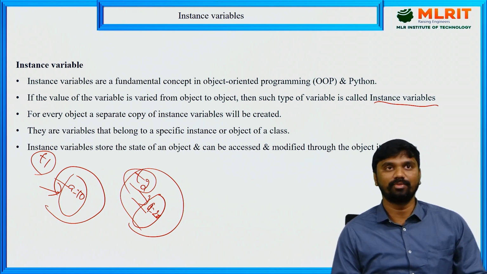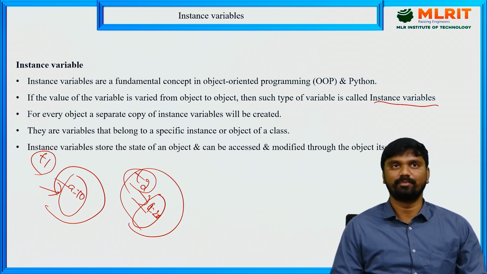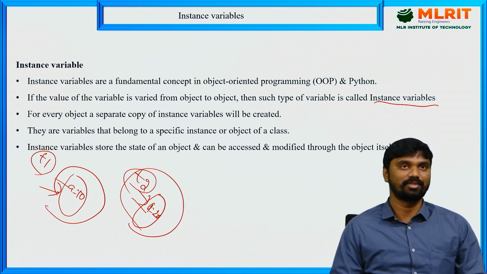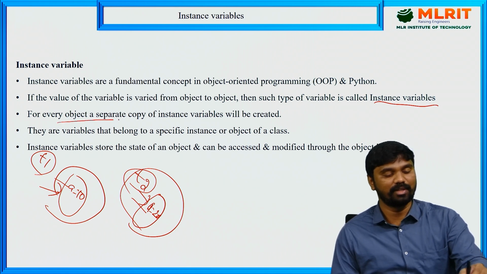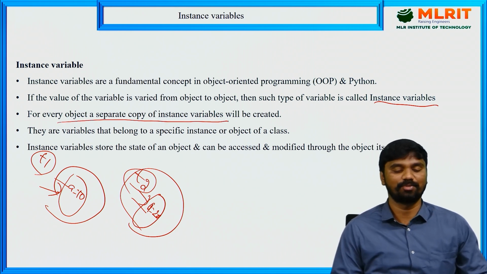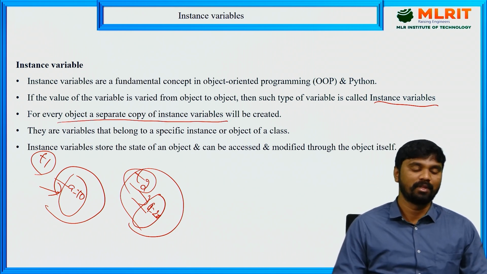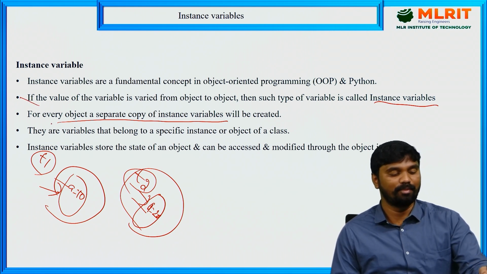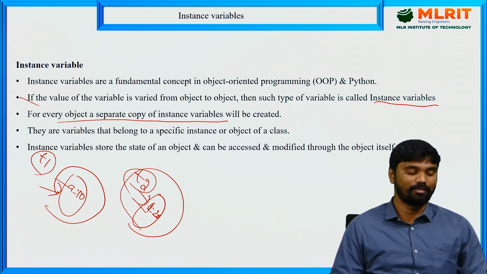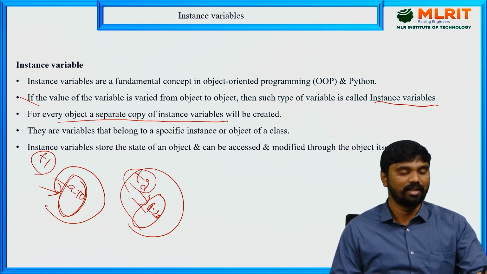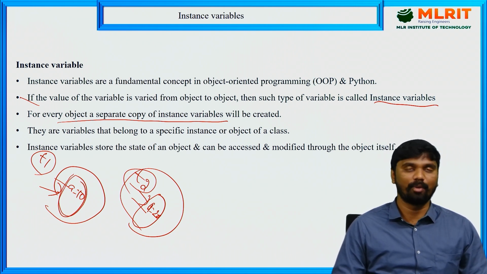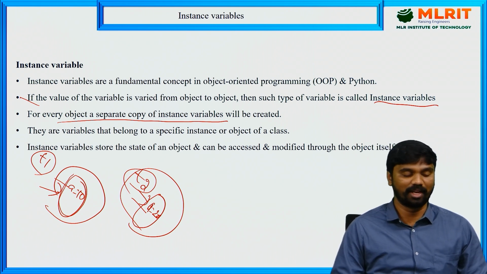How does the value differ from object to object? Because for every object a separate copy of the instance variables will be created. How is this achieved?